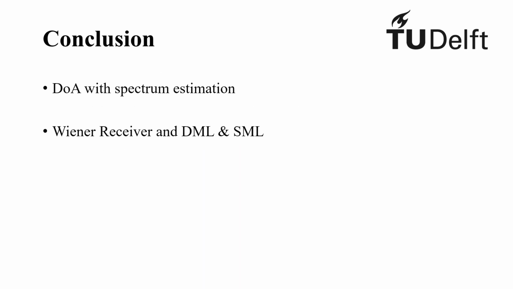To sum up, in this project, we figured out the DOA estimation problems using spectrum estimation and have further discussions. For the future, maybe use the general model of Wiener-receiver to estimate the DOA, or try other promising approaches such as deterministic maximum likelihood and stochastic maximum likelihood.